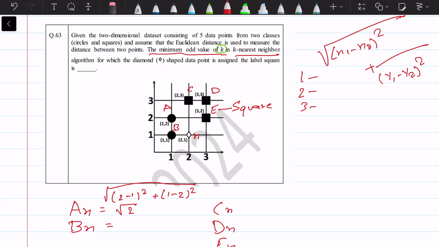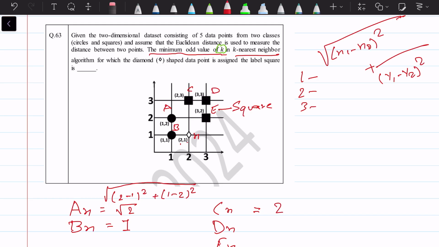If we do BX, 2 minus 1 will be 1, and 1 minus 1 is 0, so it will be just 1. Then CX will be 2 minus 2, which is 0, and 3 minus 1 is 2, squared of that is 4, and root will be 2.